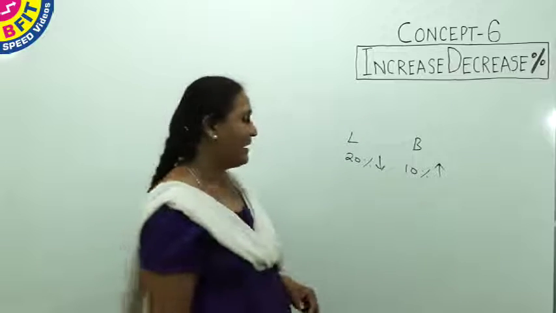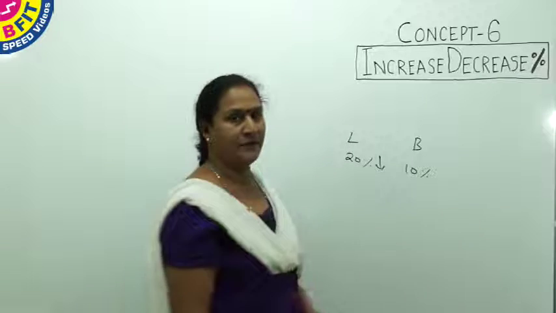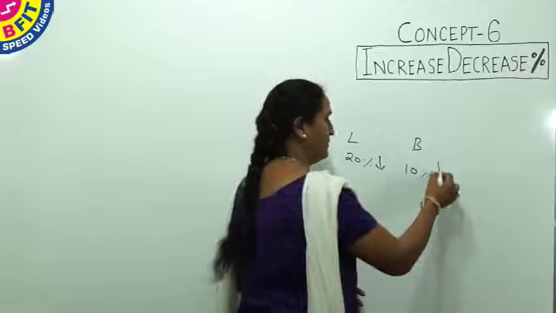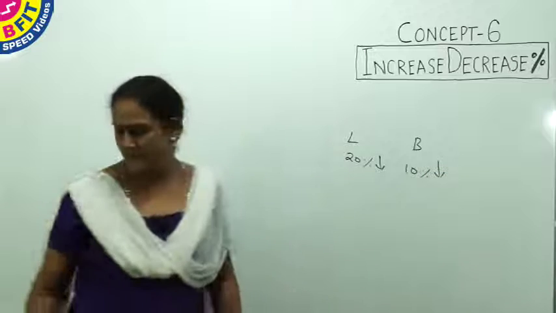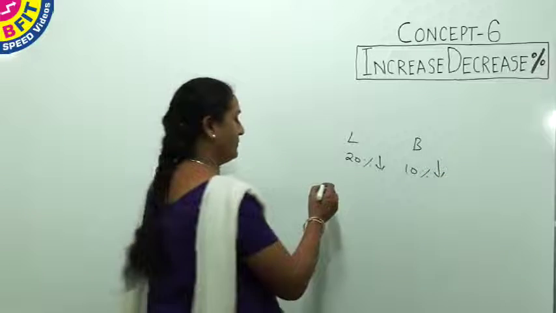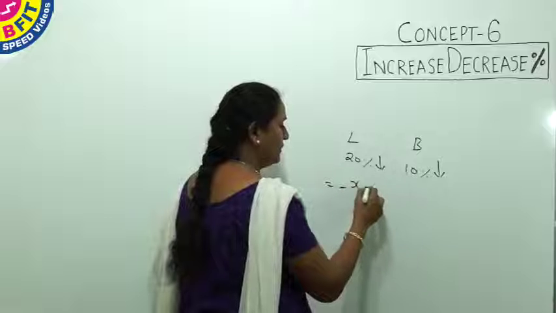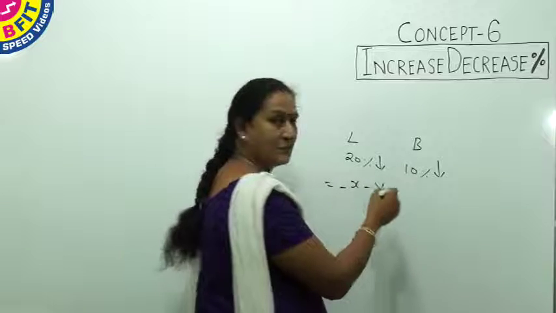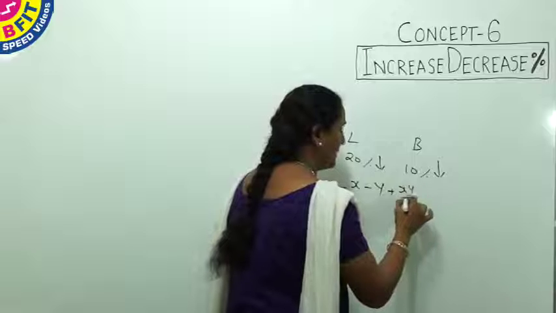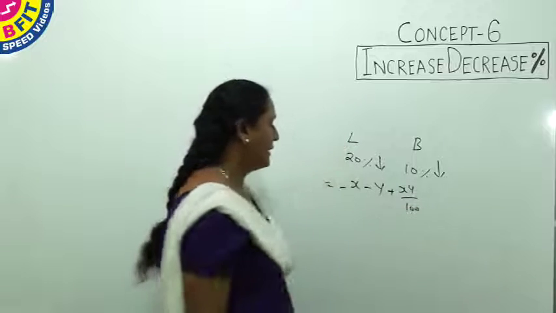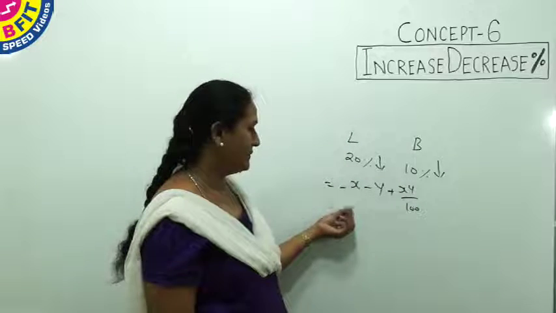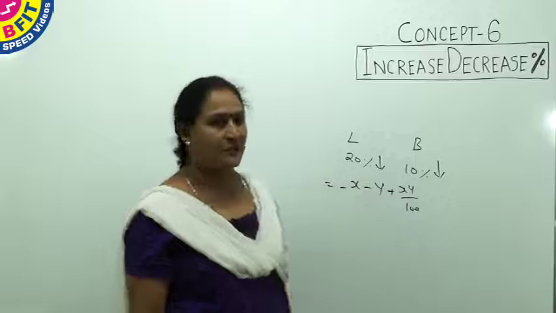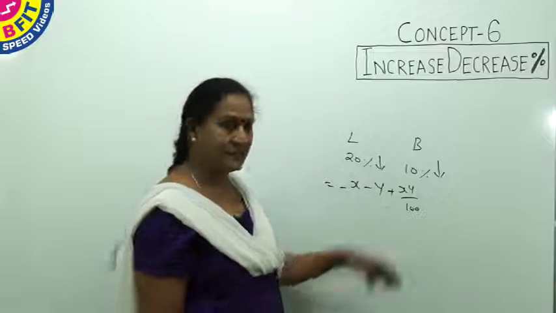If both the values, length and breadth, are decreased, what will be the working? Minus for both values: minus X minus Y, and minus into minus becomes plus, so plus XY by 100. So we take minus for the decrease factor: minus X minus Y plus XY by 100 is the decreased percentage.